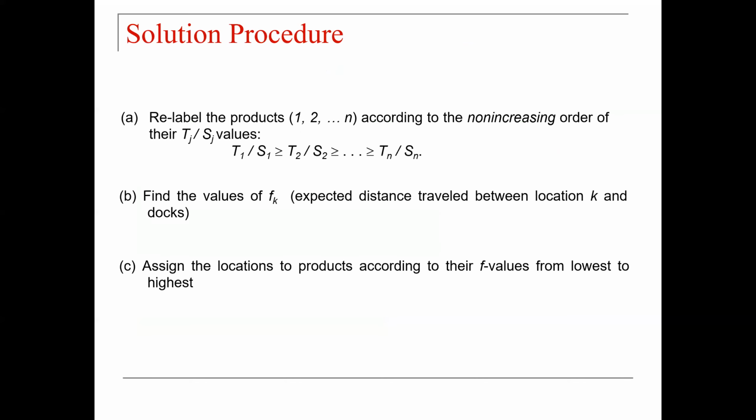So what we show in this slide is a solution procedure, an algorithm specifically for this model, that if you follow, you can obtain the optimal solution without having to use any of the branch and bound algorithms for solving integer programming models.